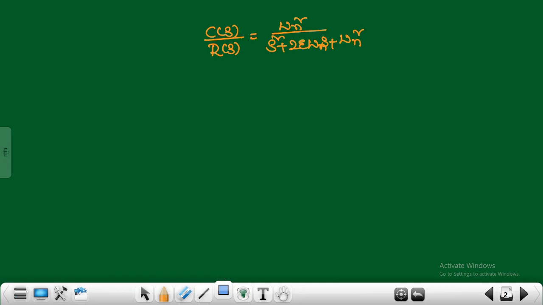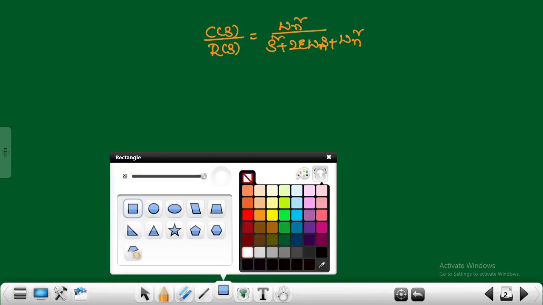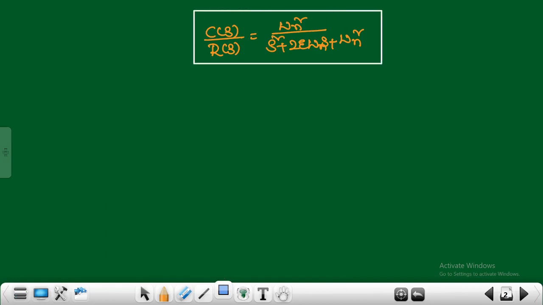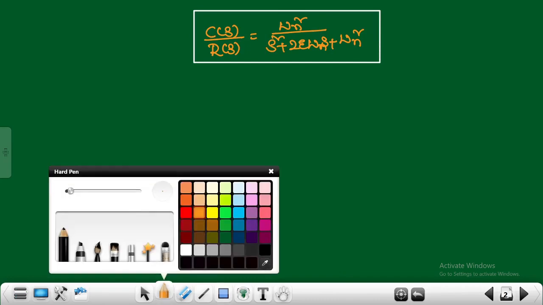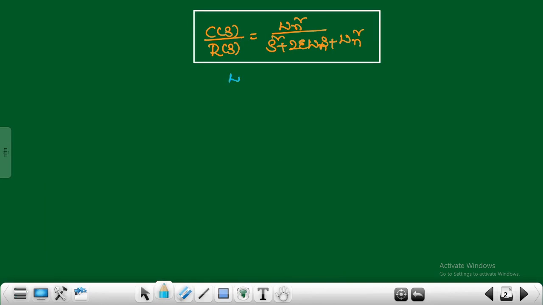Whenever you consider this standard form of the second order system, here you will have some different terminology what we are used. We can define what is that omega n.